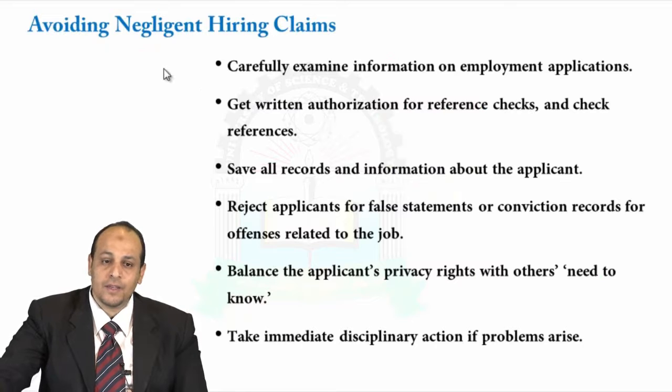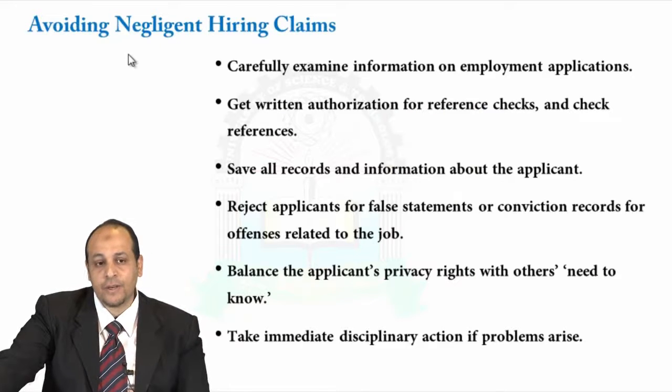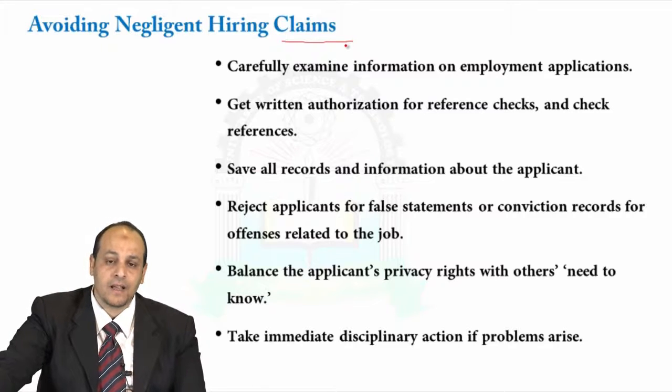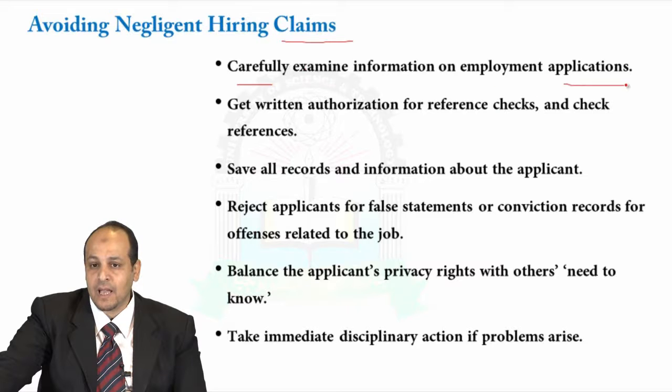Now, another issue when we talk about selection is that we need to avoid negligent hiring claims. When we talk about claims here, these are the consequences of an inappropriate selection method. So, carefully examining information on the employment application is a good way to avoid this problem. Besides, get written authorization for reference checks and check references.